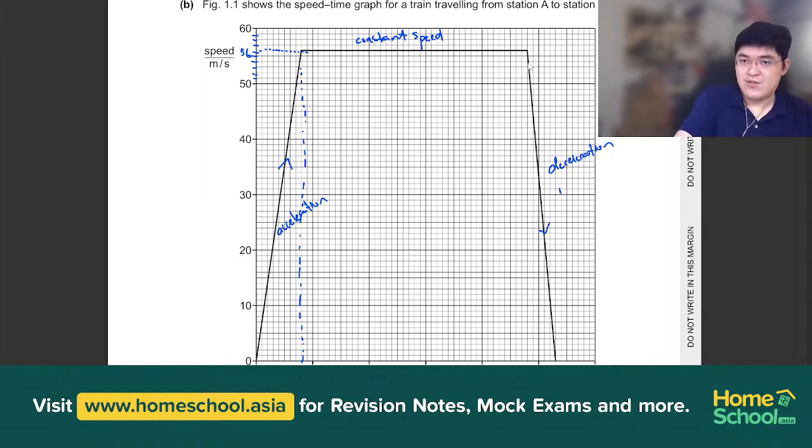Then from here to this point over here, the train is traveling at maximum speed, but it's constant. And then from here to here, the train is decelerating back to zero, back to not moving. So the train accelerates, moves at constant speed for a while, and then decelerates back to not moving at all.